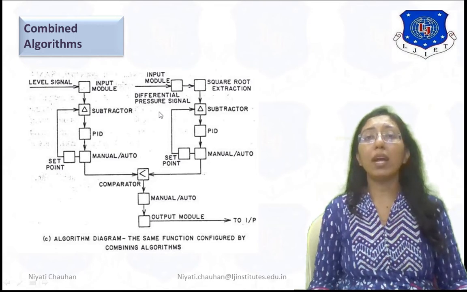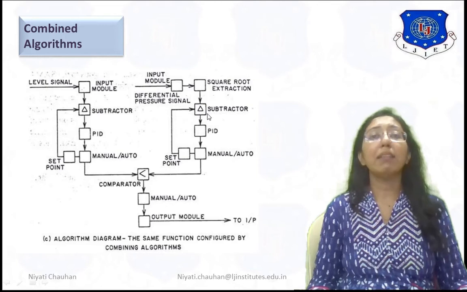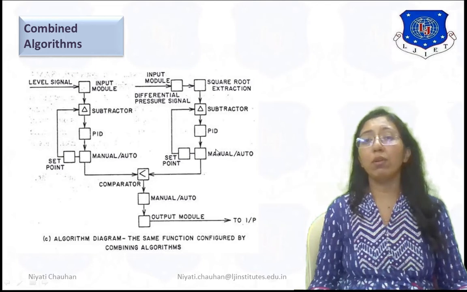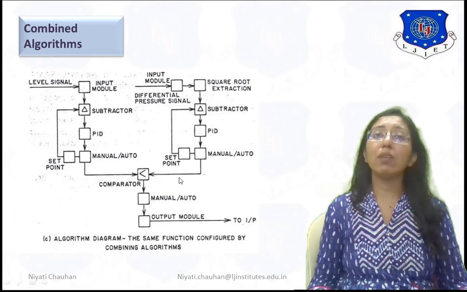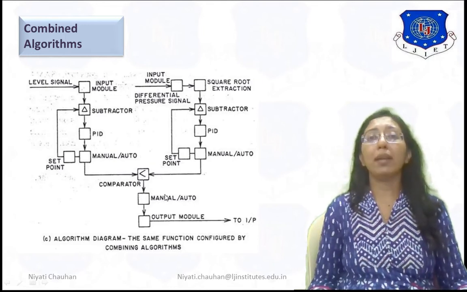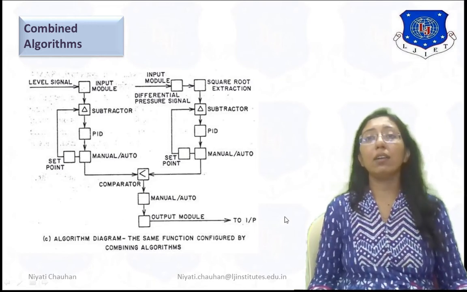Then from square root extraction the signal goes to a subtractor, meaning algebraic difference of two inputs. Then the signal goes to PID, and from PID to auto manual mode. If we get the set value, then the signal goes to the comparator, which means low selecting. Then the signal goes to manual and auto mode, and then to another device.